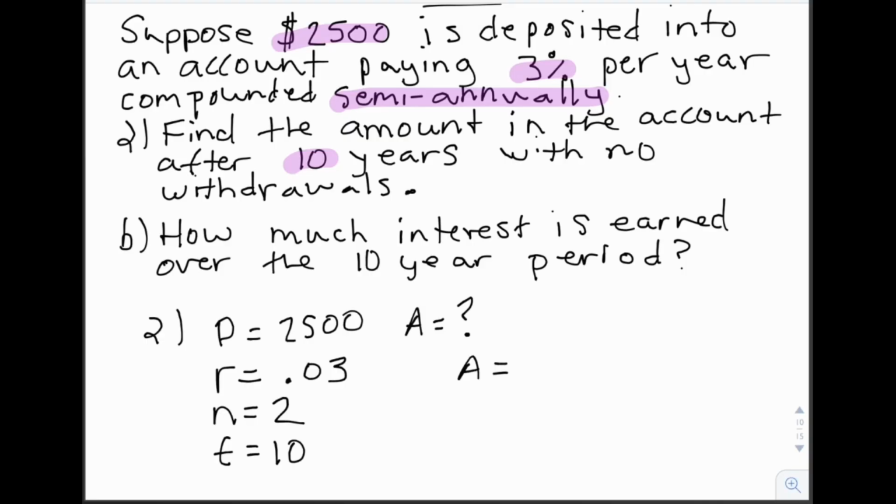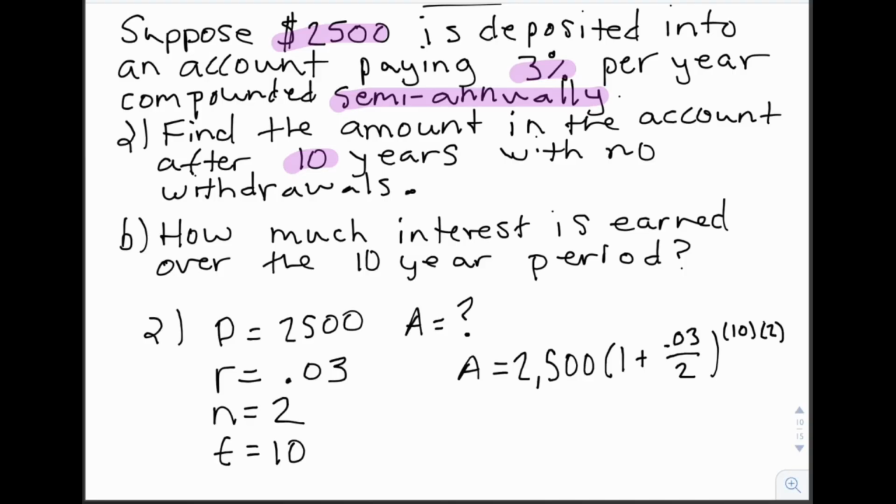So A is going to be equal to 2,500 times 1 plus, it was R divided by N, so 0.03 divided by, and then our N was 2, raised to, and then the N times T, so that's going to give us a 10 times a 2.